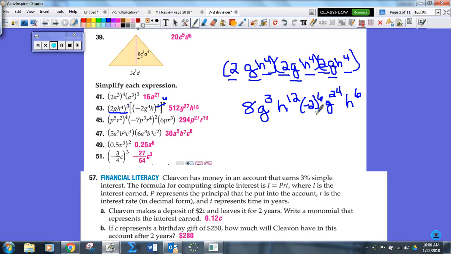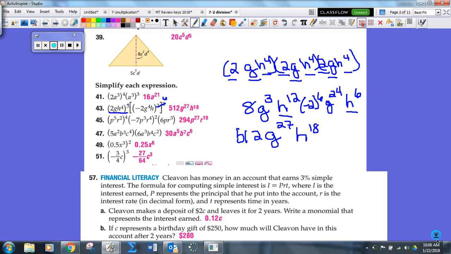Negative 2 to the 6th is, on my calculator, it's important that you put that negative in parentheses, positive 64. And then 8 times 64 is 512. G cubed times g to the 24th is g to the 27th. H to the 12th times h to the 6th is h to the 18th.